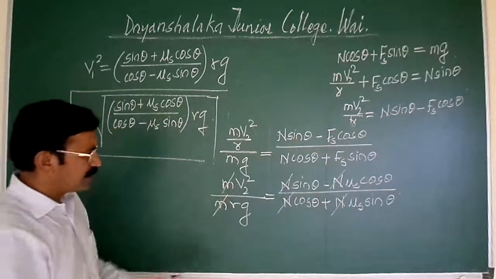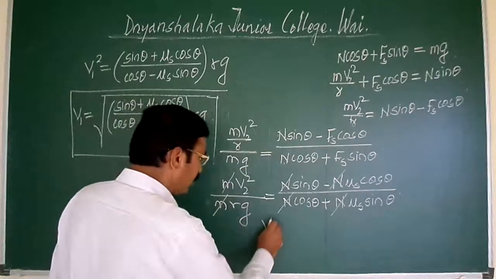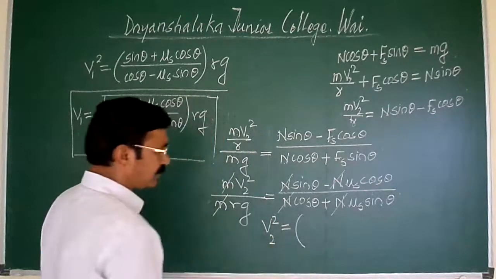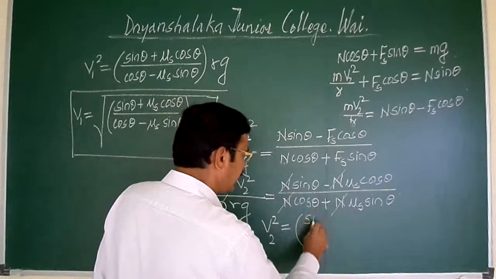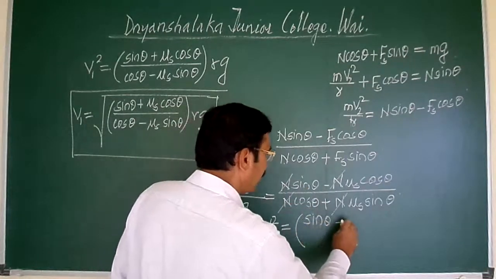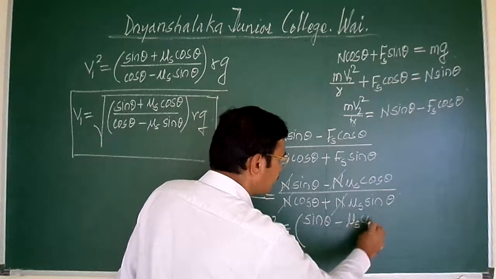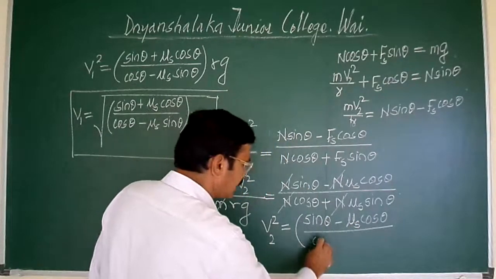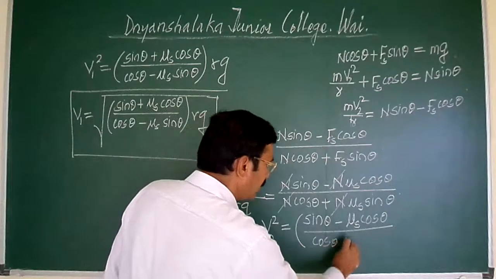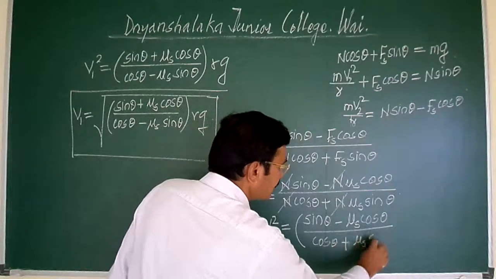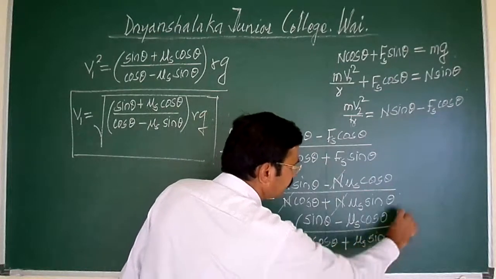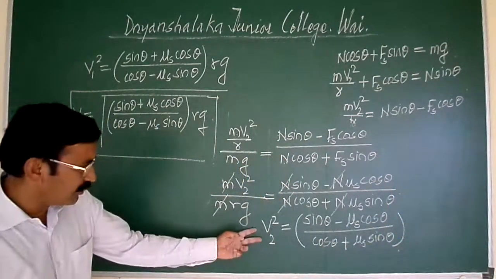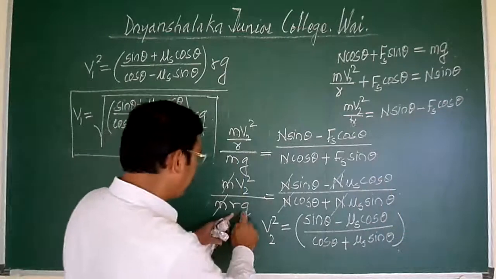And so from this expression, we will be able to write v2 square is equal to, in the bracket, sin theta minus mu s cos theta upon cos theta plus mu s sin theta, and so from this into r.